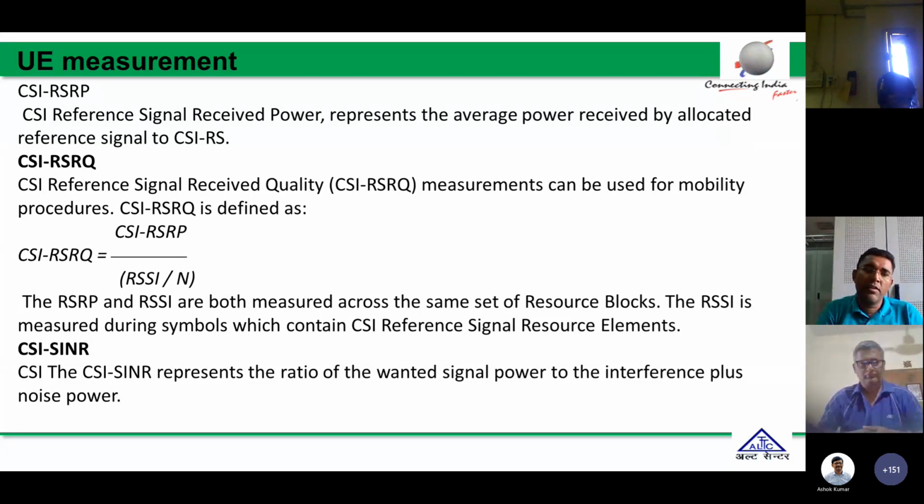That's why the unit of CSI-RSRQ and CSI-SINR is dB. In both cases, SS-RSRQ and CSI-RSRQ. And CSI-SINR also represents the wanted signal to the interference plus noise power. It is also the interference with respect to only the CSI-RS reference signal.